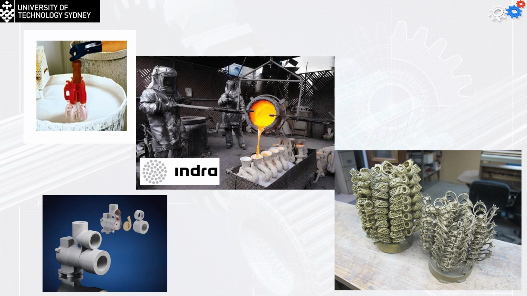So once again, these are examples. That's the pattern to be dipped in the ceramic. That's the casting process. These are the products which can be made. Okay, that's an example of how to make a pump body using this technology.